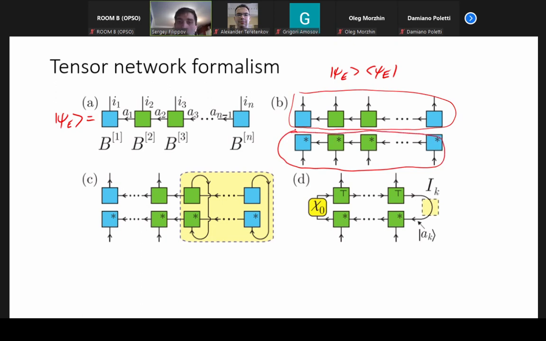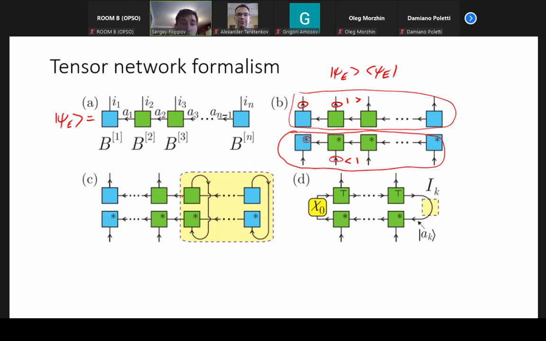And you see that I use star to denote complex conjugation of matrices used in the description of the state. So I also use arrows. So outcoming arrows correspond to ket components, and incoming arrows correspond to bra components. So this is a simple description of the density operator.